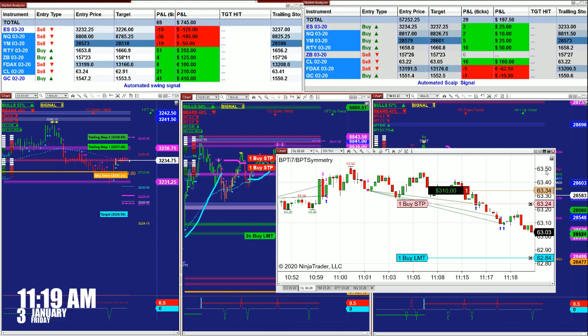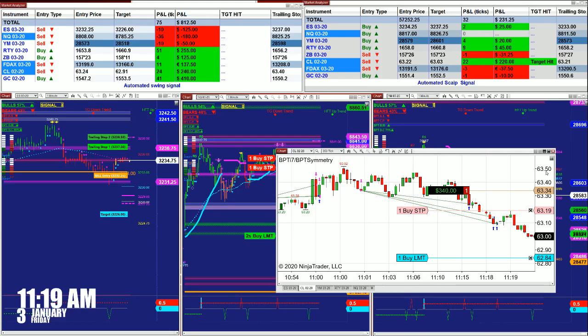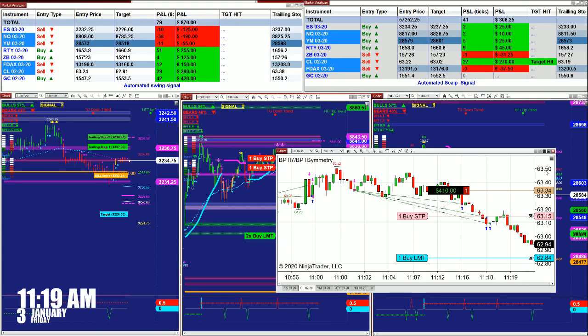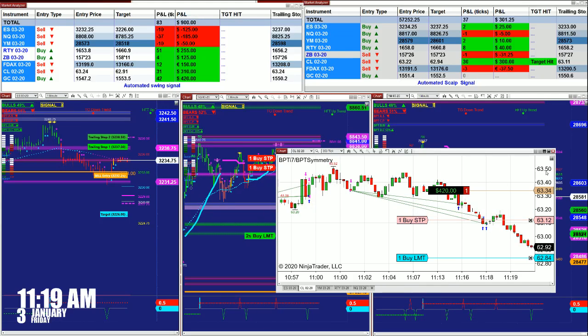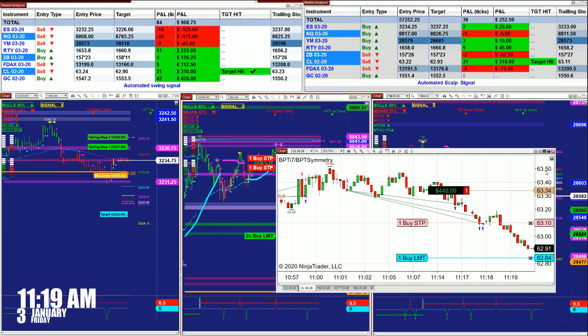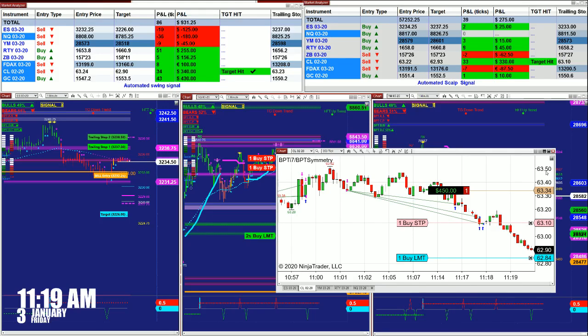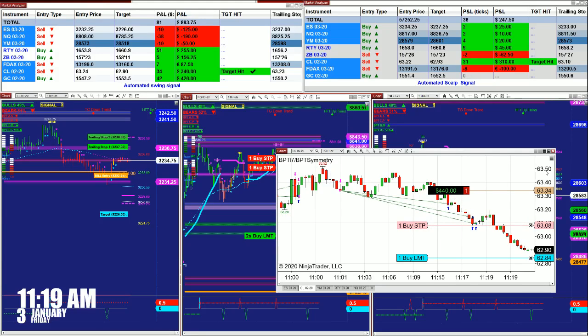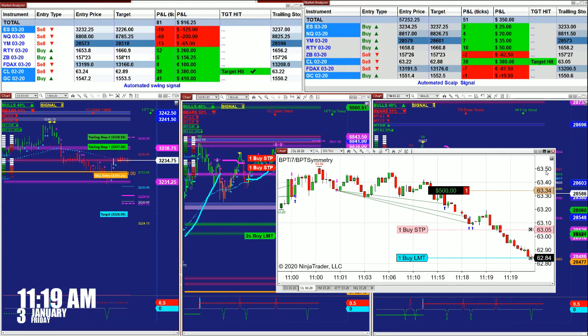This is the whole idea I like. And as long as the trailing stop is working, and one of the things you have to understand, you cannot make the trailing stop very tight, because I hate dummy trailing stops. But there we go.